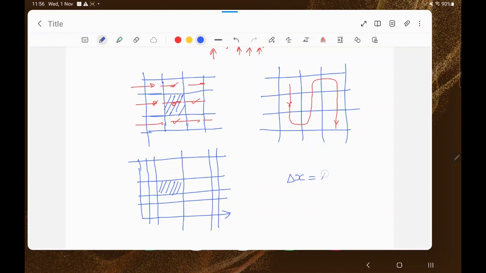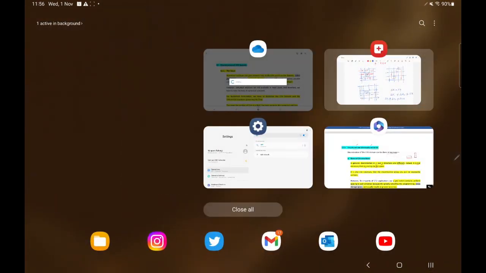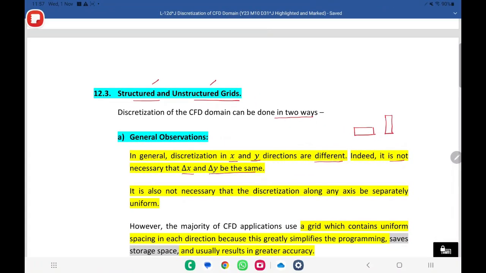Delta x is not equal to delta y. It may or may not be equal. Not only that, delta x1 is not equal to delta x2 is not equal to delta x3. Similarly, delta y1 is not equal to delta y2 is not equal to delta y3. It's not necessary, right?